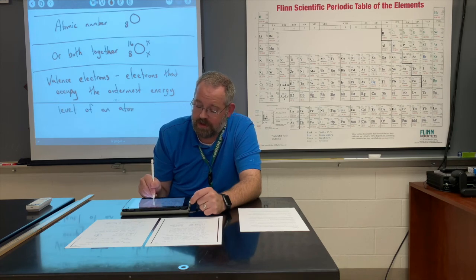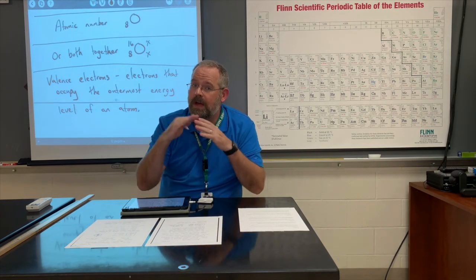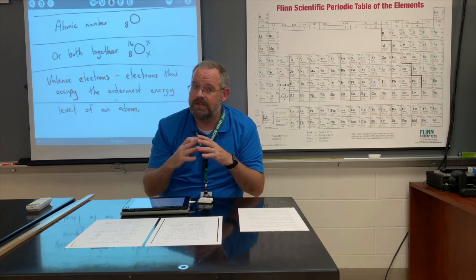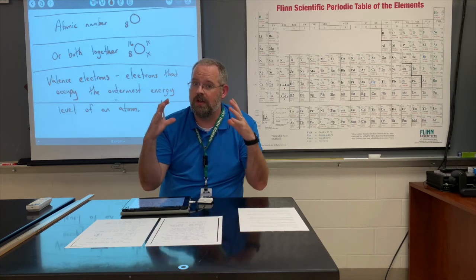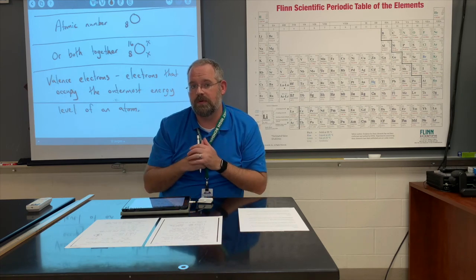So remember, I talked about how Niels Bohr talked about the levels of the atom and how those electrons can move. Well, the valence level, the valence shell, is the outermost level that electrons can go to. Okay, we'll talk more about that as time goes on.